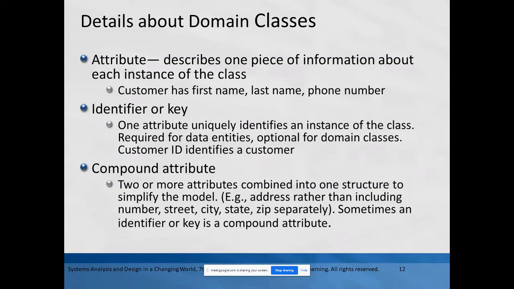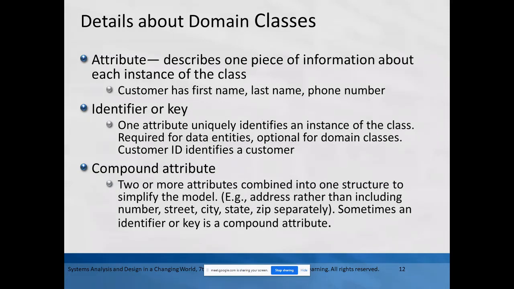So again, the author really focuses on this domain class thing, and it's a little bit problematic. So these are some things that he's identified as details about the domain class: attributes, keys, and compound attributes.